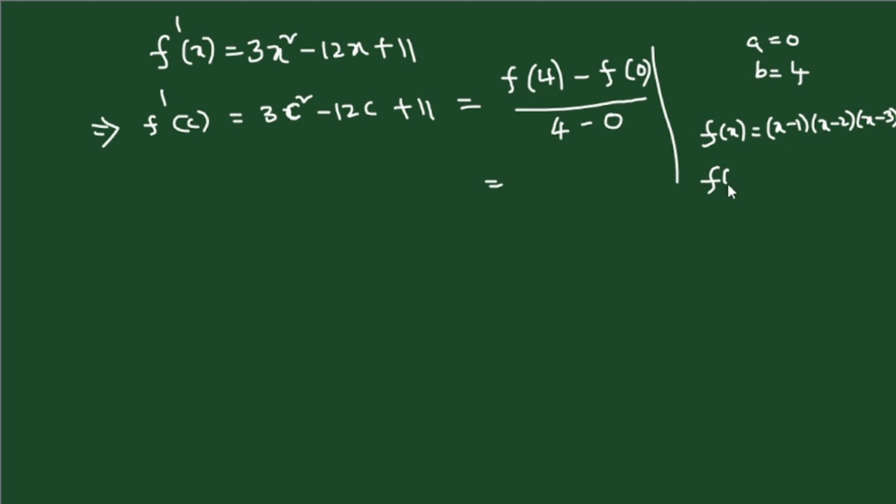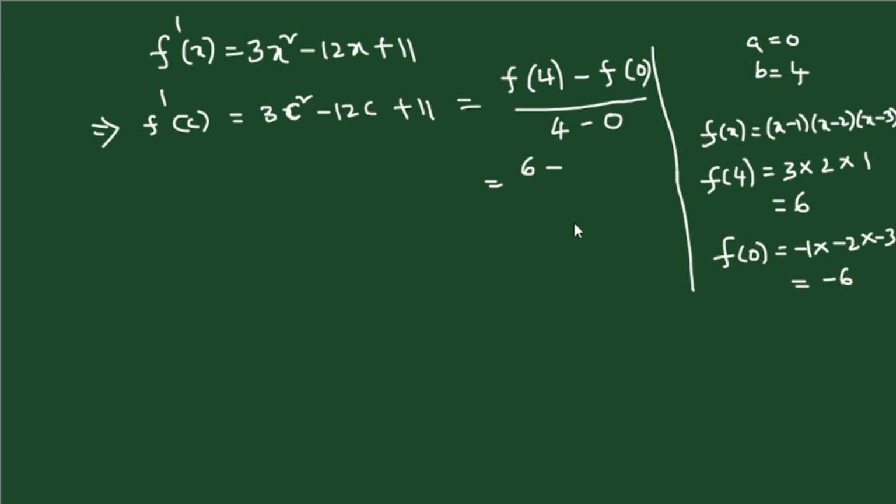Now what is f of 4? Finding f of 4 is easy from this version. So I took 4 minus 1 into 4 minus 2 into 4 minus 3. It is 6. So f of 4 is 6 minus, what is f of 0? f of 0 is 0 minus 1 into 0 minus 2 into 0 minus 3. It is minus 6.